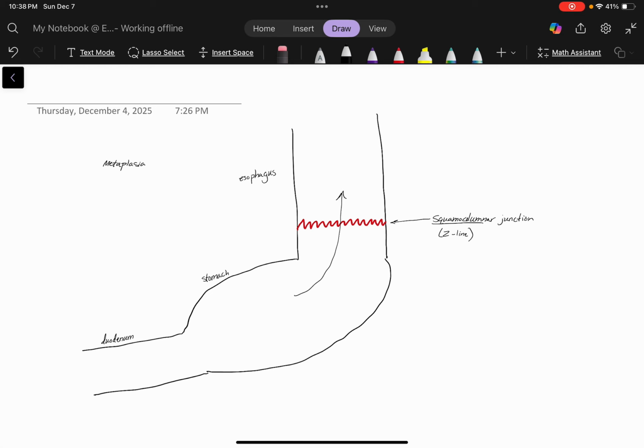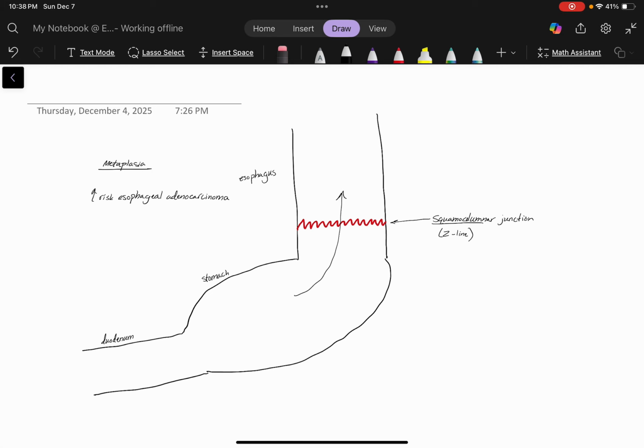And something important to know is that Barrett esophagus actually increases your risk of esophageal adenocarcinoma. And the reason for this is because we're undergoing metaplasia. And if you undergo metaplasia, that can eventually lead to dysplasia.